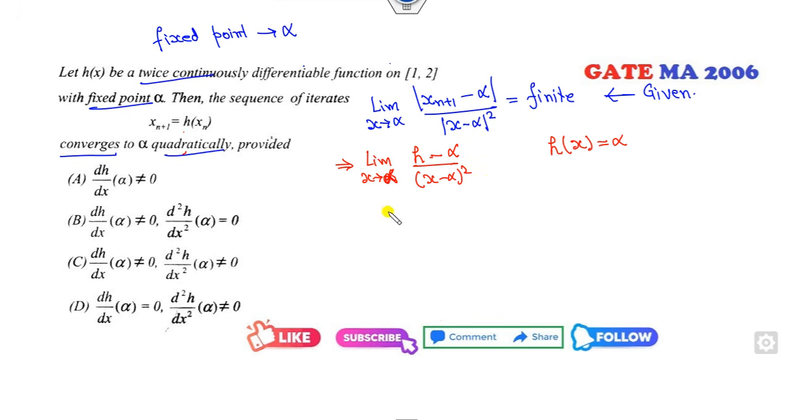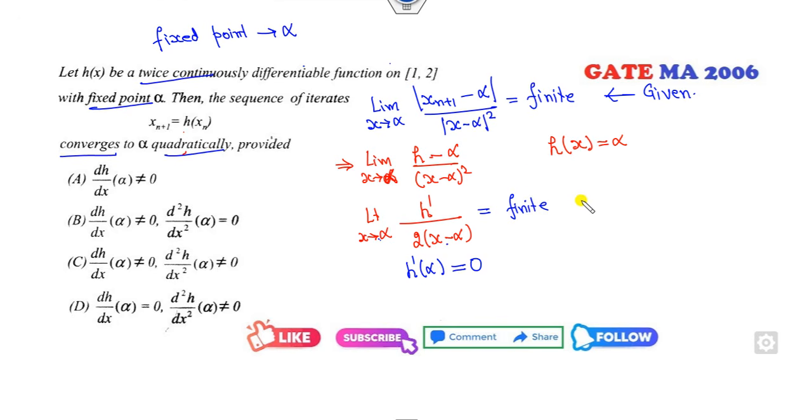So now if I apply L'Hopital's rule, it is 2 times (x minus alpha), limit x approaches alpha. Then again, when will it be finite, because when you substitute alpha in the denominator it's 0? It will be finite when h'(alpha) is 0.